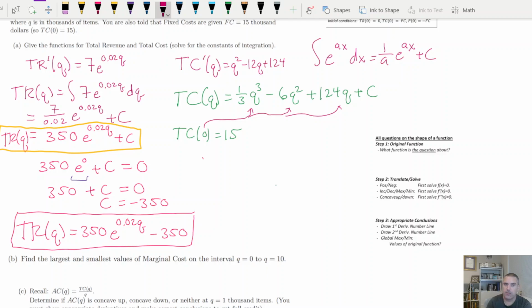But in this case, when you plug in 0, you get 0 minus 0 plus c is 15. So here C should be 15. I think that was confusing students. They were like, how can you put a 15 here and not put a 0 there? It's the same thing. It's just in this case, when we plugged in 0, they all were zeros. So the total cost at Q is 1/3 q cubed minus 6 q squared plus 124 q plus 15.